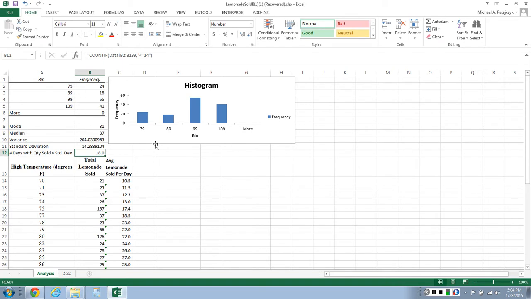Why is that important? Well, when we have low volume days, we have to predict whether we should have a lot of inventory or not. There might be certain days where you want to have 15 extra units of lemonade, or 14.2 extra.